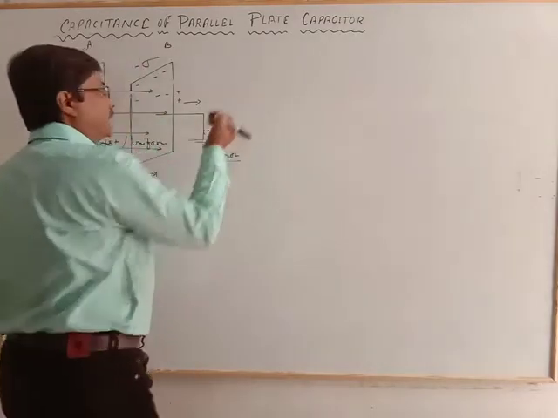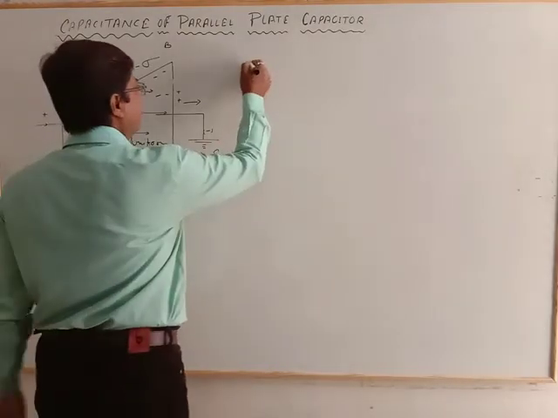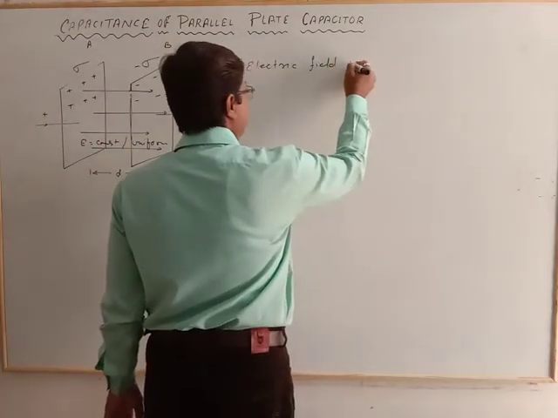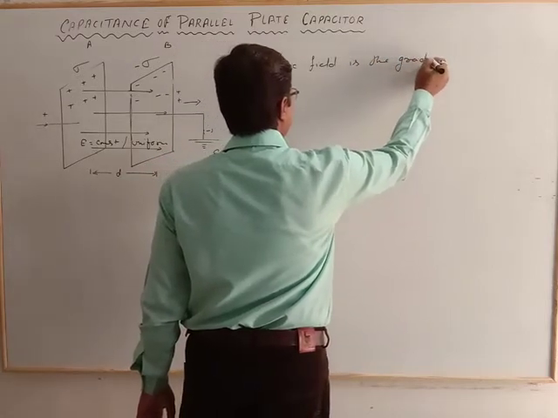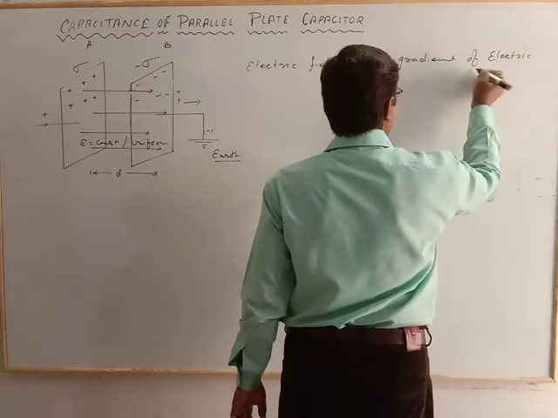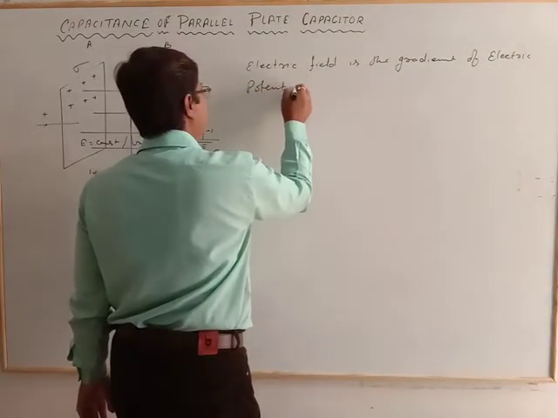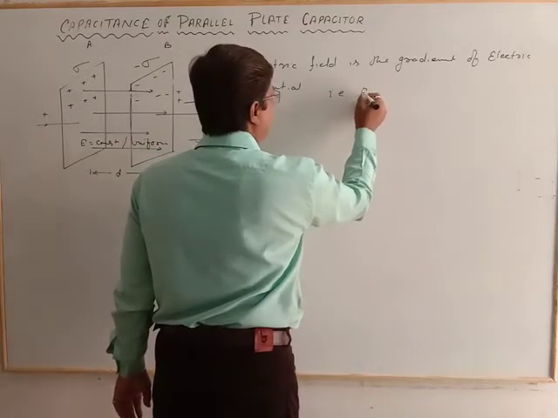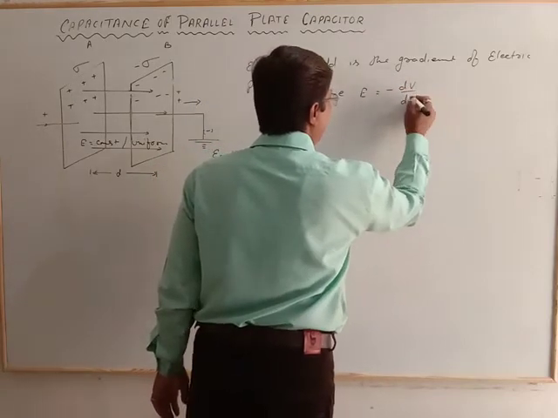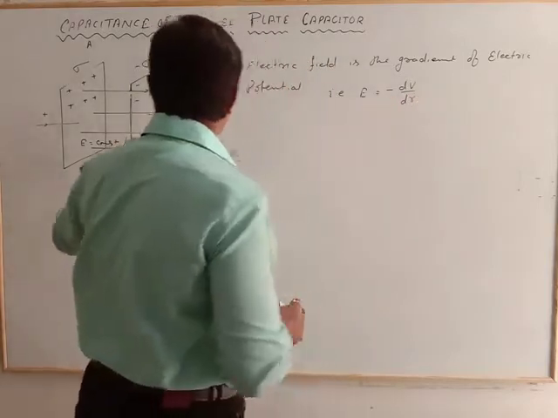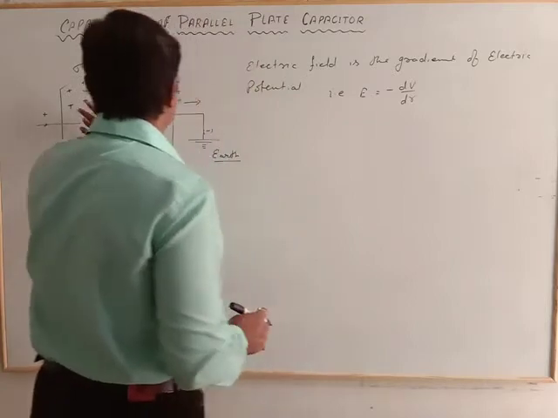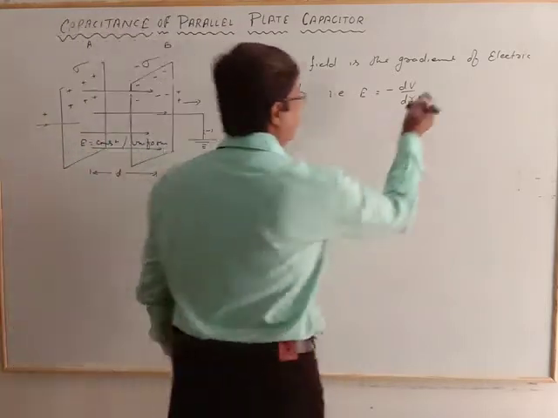In that case, as we know, the electric field is the gradient of electric potential, that is, electric field E is equal to minus dV by dr. Here the electric field is constant, meaning the gradient is a constant value, so the potential of the plate and the distance are also constant.